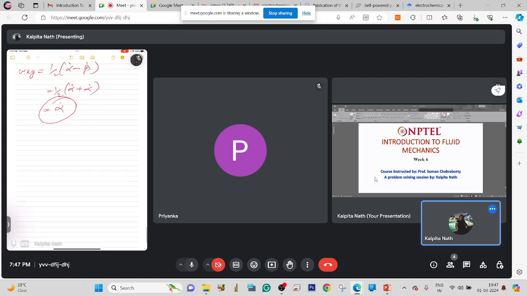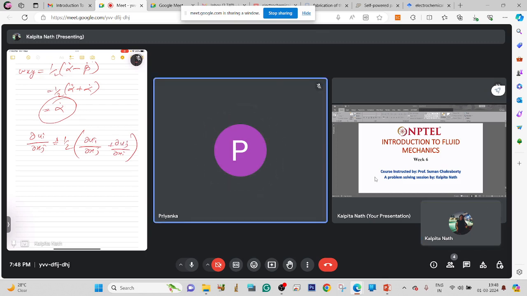So if we do parametrization of the deformation, then it is del ui upon del xj. So that is equal to half of del ui del xj plus del uj upon del xi. You're understanding that, right? Are you facing doubt in any place? No, no. Okay.